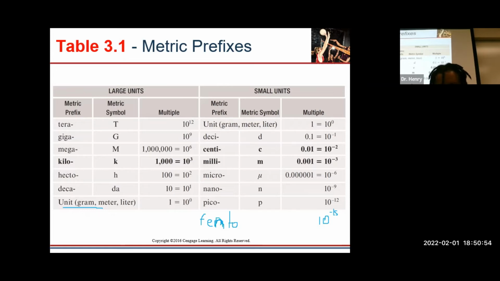I'm having trouble with my humps there. I also forgot that I wanted you to get my mouse. It's easier for me. Femto, 10 to the minus 15. Yes, that's a 15. Okay, again, my 3rd grade writing.